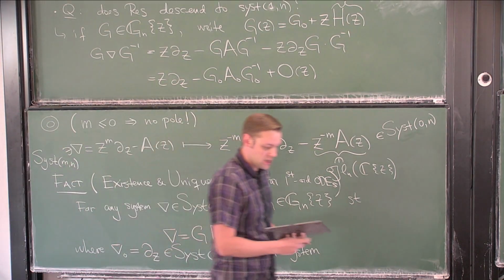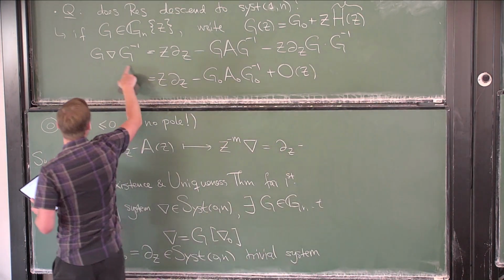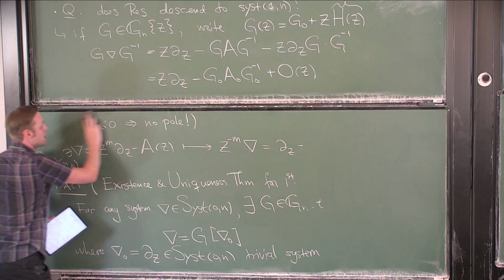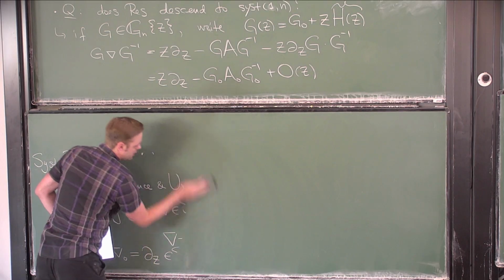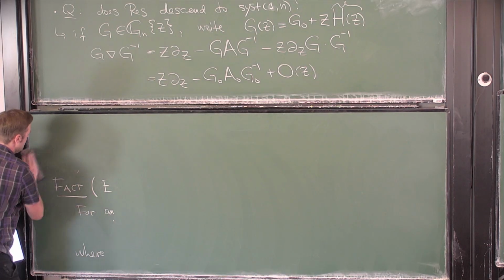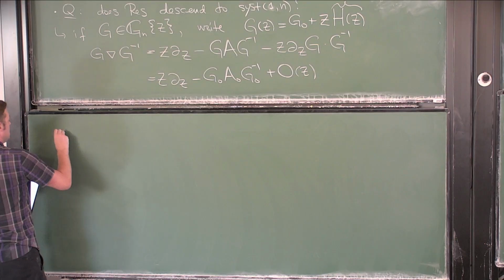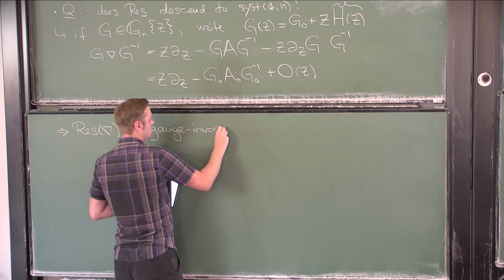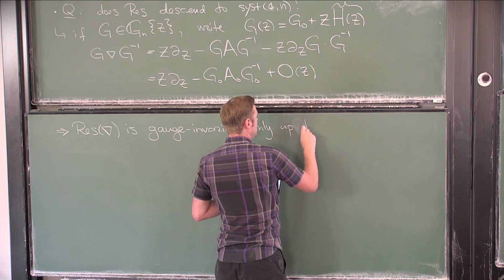So what you can get from this calculation is that the residue of this gauge transformed system is not the same as the residue of nabla, but there is a very constrained relationship between the two, which is that it is conjugated by the leading order part of the gauge transformation. So the residue of nabla is gauge invariant only up to conjugation.